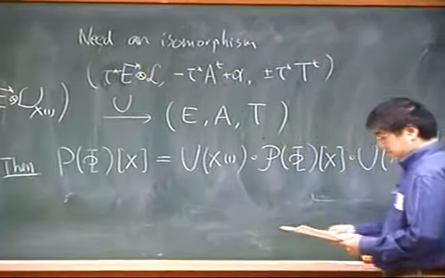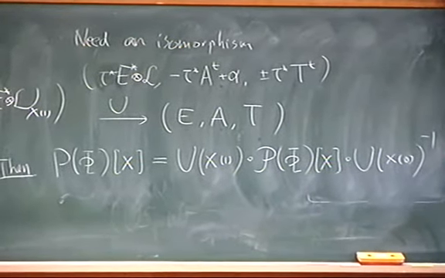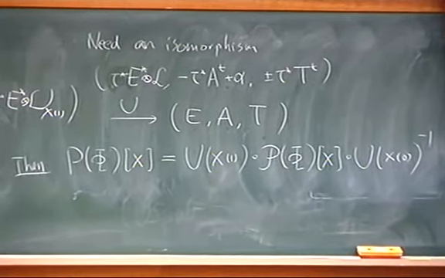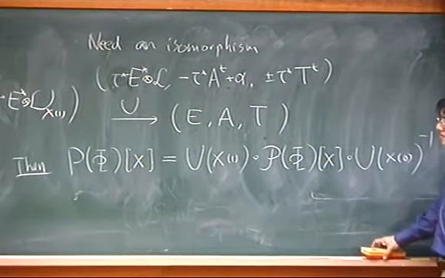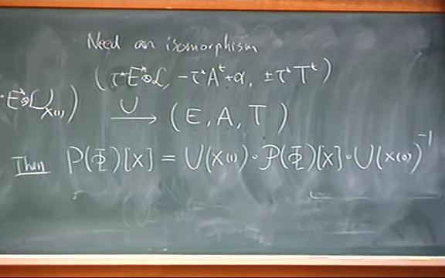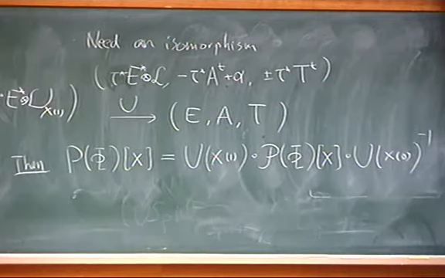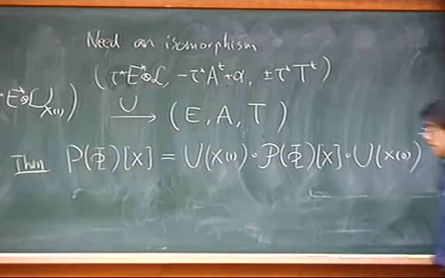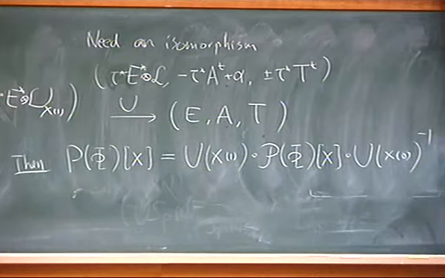Okay? But this is still not sufficient. What we need is a parity that has the same algebra as the original transformation, which is, for example, if you take the parity squared, you want this to be identity.